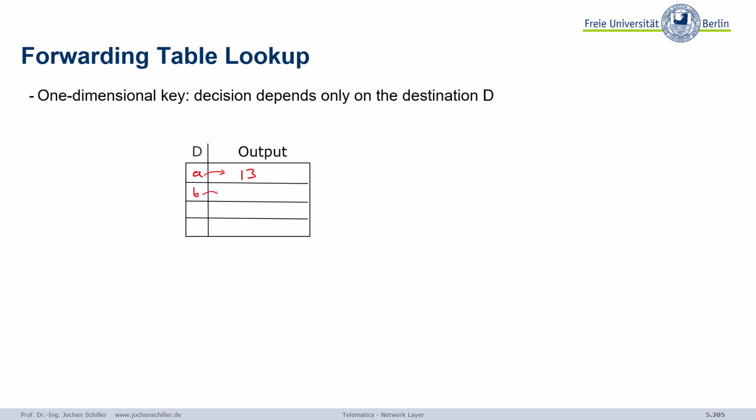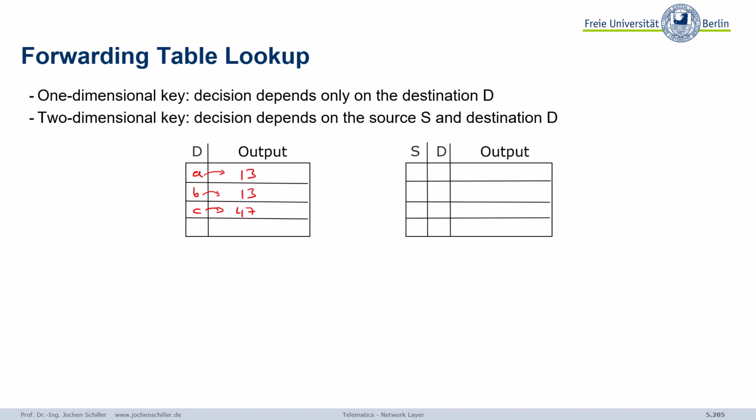And if it's B, then it's maybe also 13, but if it's C, then it's 47, and whatever the output is. So you could create forwarding tables only based on destination addresses. This is something you also do in the postal service. If you have a parcel or a letter, you don't look at the sender address, only at the receiver address. So very, very simple forwarding here.